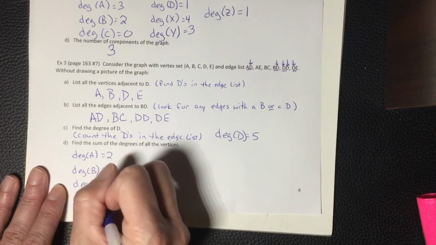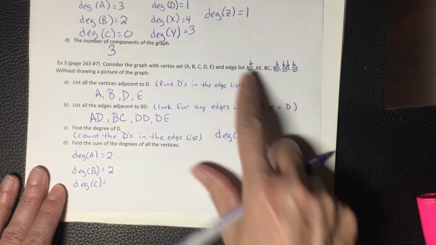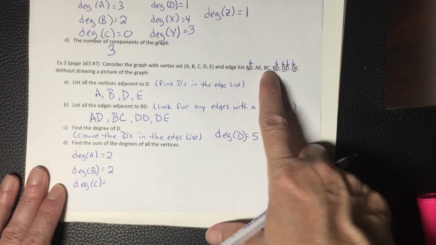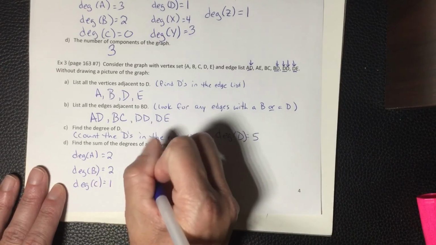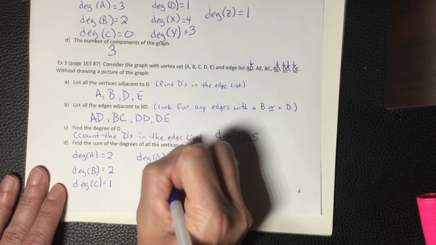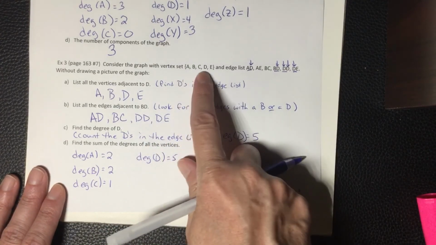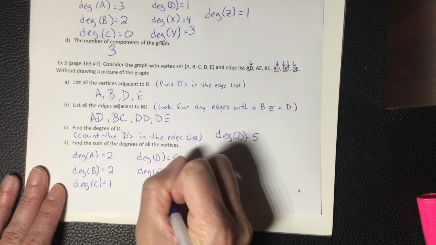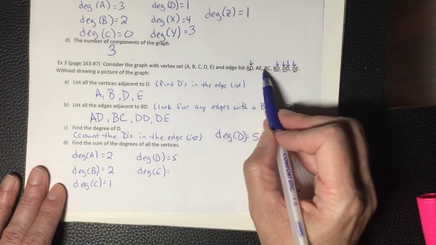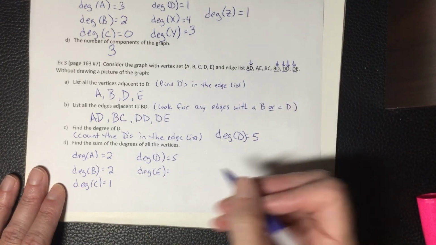For the degree of C, only see the letter C once, and that's right there, so its degree is 1. We already found the degree of D, we know it's 5. And the only thing left in our vertex set is E. So if we go through and count the E's, that's going to be 1, 2.